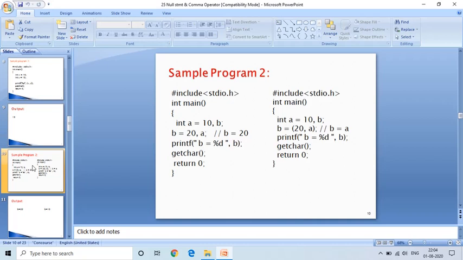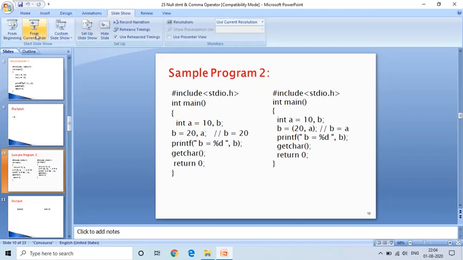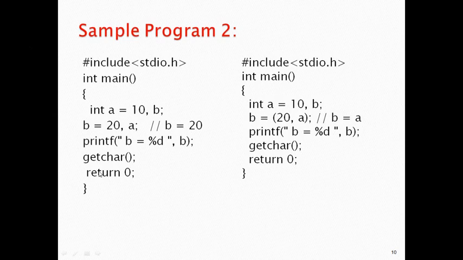Now we will see one more example. Here are two same programs, but the difference is in the first, the left side. #include <stdio.h>, main, int a = 10, b = 20, a.